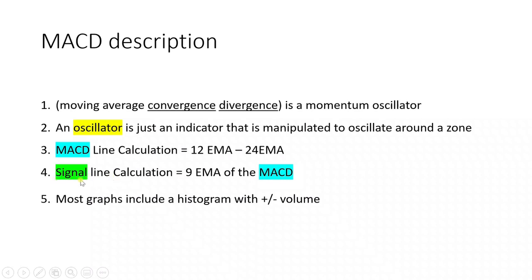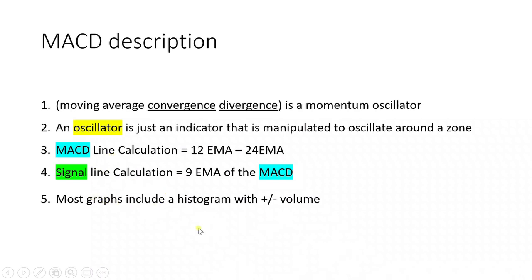That forms your signal line, right? The 9 EMA of the little math problem we did becomes your signal. If you're getting an average of the averages, and your MACD line crosses your average of those averages, then that could be a trigger.